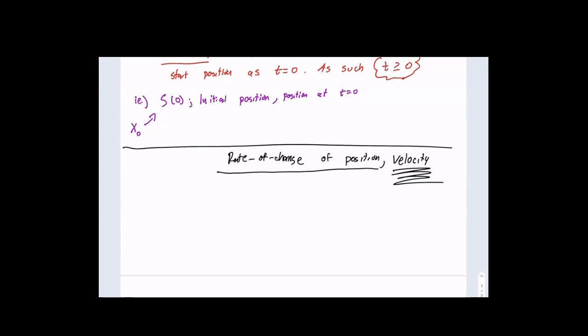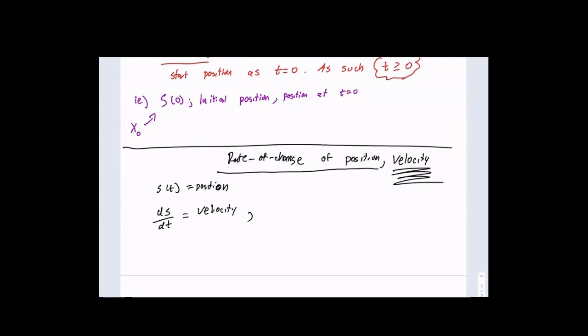So velocity is what we are going to talk about. And velocity is the rate of change of position. So if S of t is position, then ds dt is velocity.